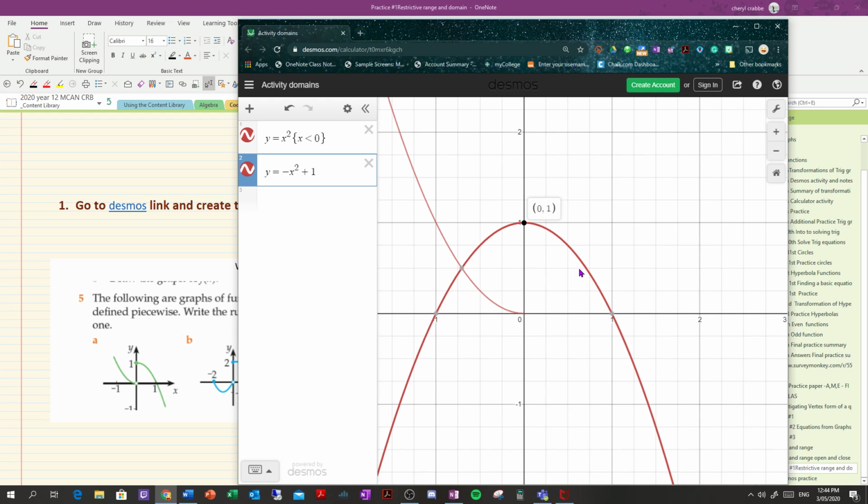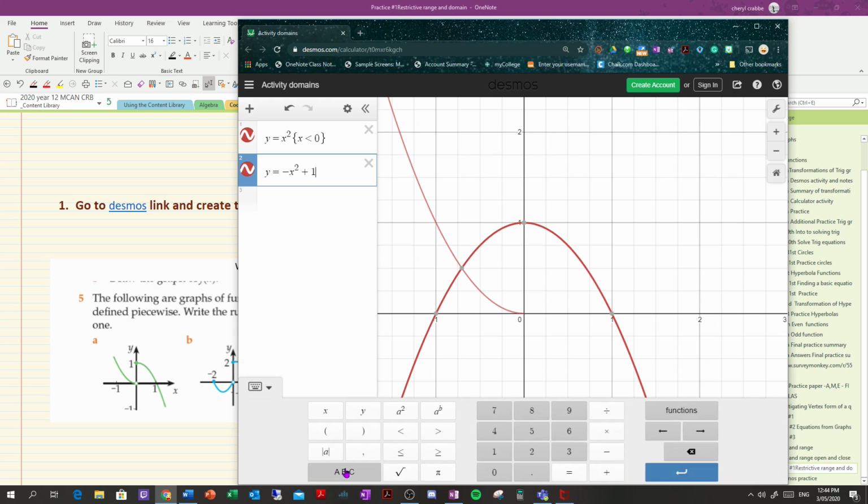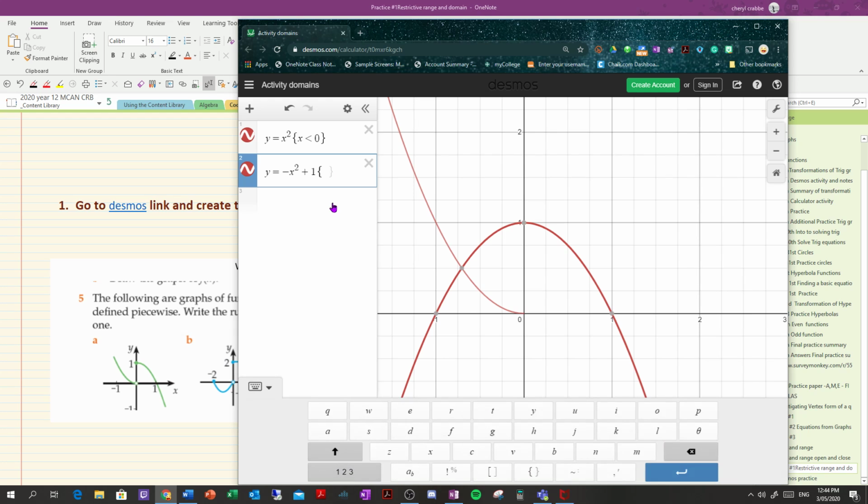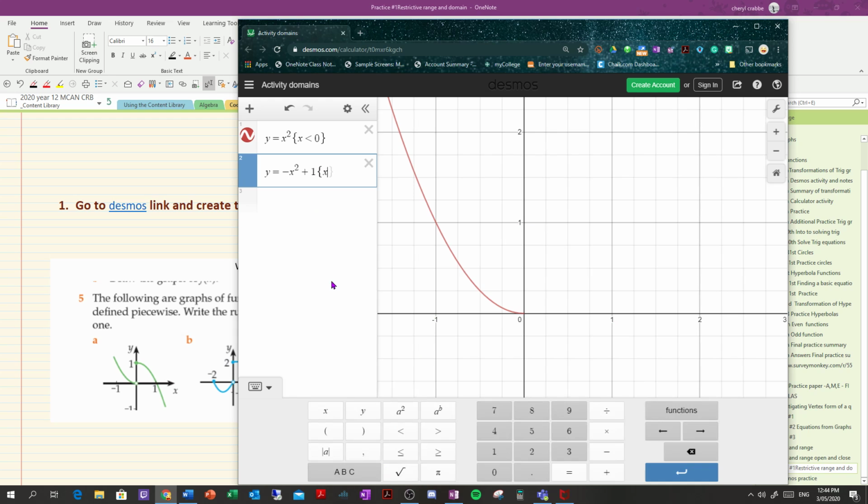See how that works? So now we've got that part of the graph, but we've got the whole graph. We don't want the whole graph, only up to this point here, and we don't get the rest of it. So how do we restrict that? Well, we'll go to our little curly brackets, and we'll restrict this. It does have a closed dot, so x is going to be greater than or equal to 0.